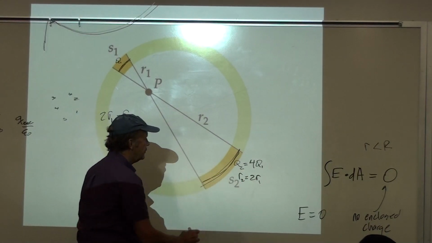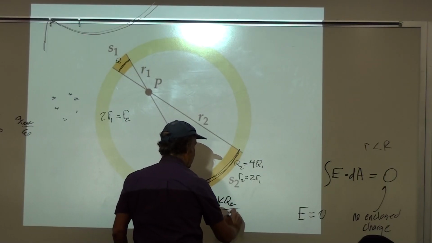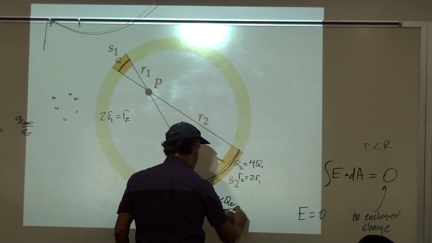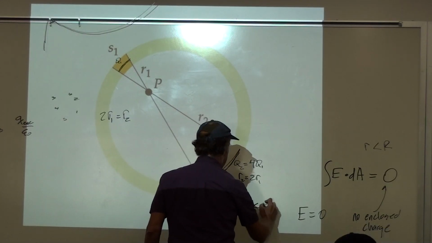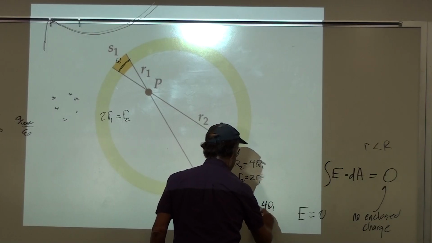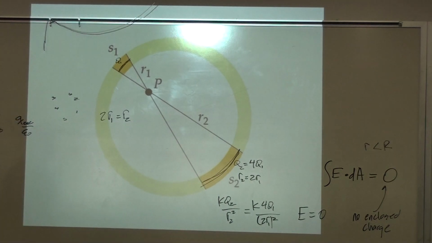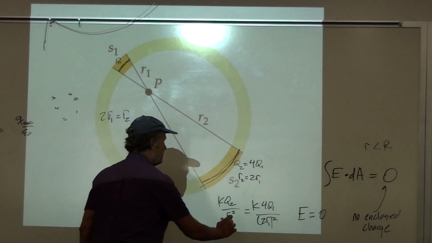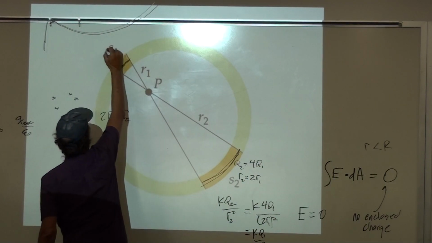So if you do this with Coulomb's law, then you've got KQ2 over R2 squared. But that's just K times 4Q1 divided by 2R1 squared. And so that's just KQ1 over R1 squared. So that's the electric field up here.